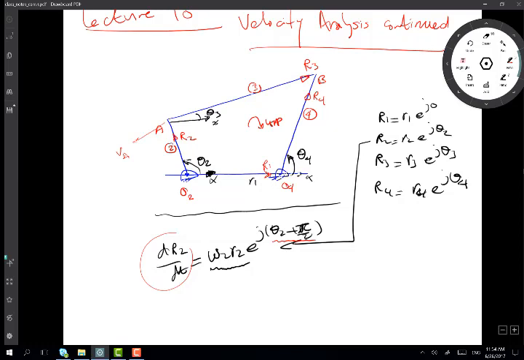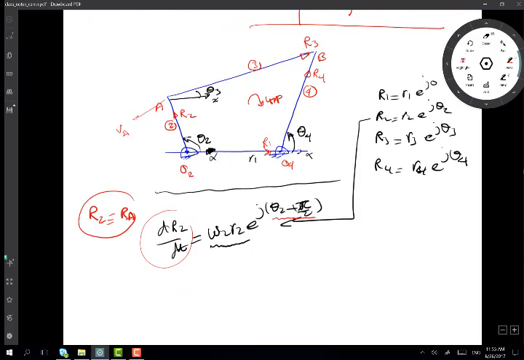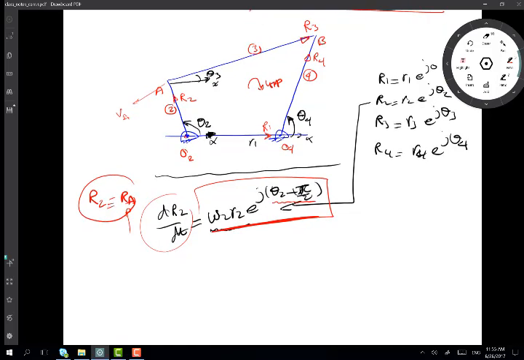Then I can call R2 RA if I want to, because it gives me the position of point A with respect to the stationary point O2, the origin, so it's an absolute position vector. Hence, when I differentiate an absolute position vector, I get an absolute velocity. So this vector quantity is the velocity of point A, the absolute one.